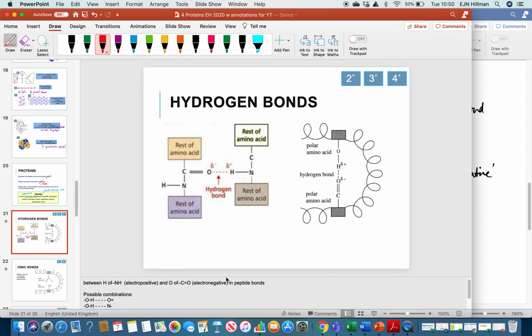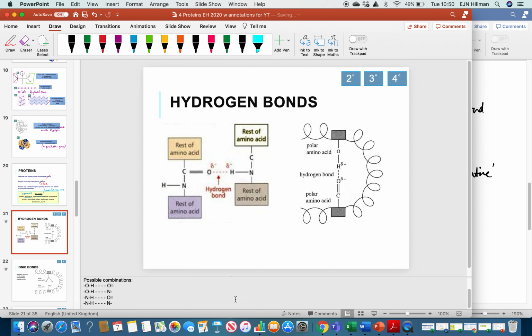Now they can form, if we have a look down the bottom here, between a few different atoms in the structure of a protein, and possible combinations are between an OH group, perhaps on the branching part of an R group, and the electronegative oxygen, so electropositive hydrogen to an electronegative oxygen.